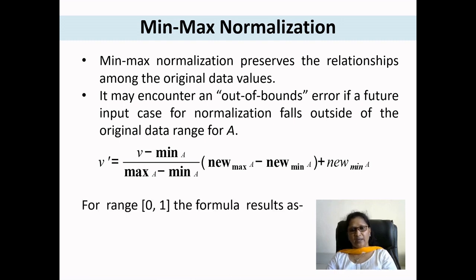And the commonly used range, as I said, is 0 to 1. So if we use the new range, that is 0 to 1, and substitute these values, new max is 1 and new minimum is 0.